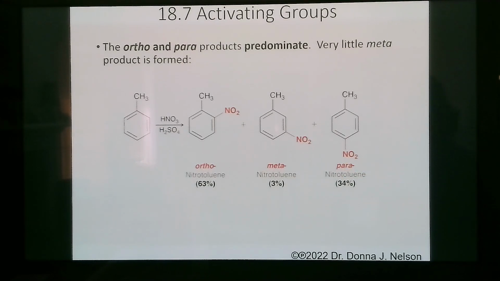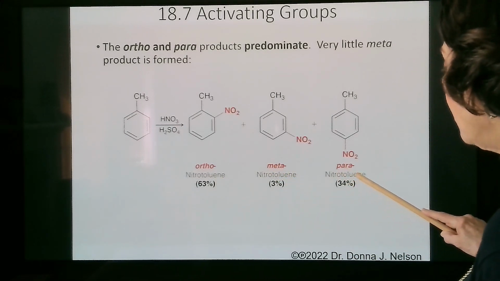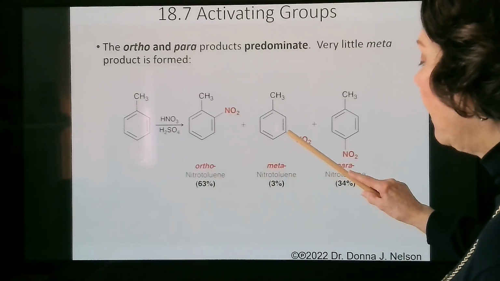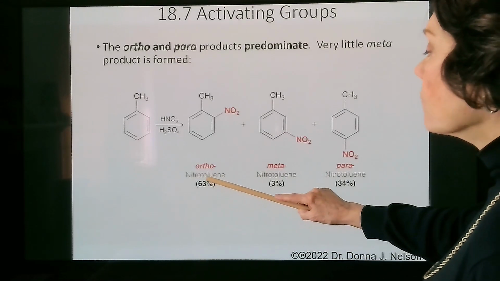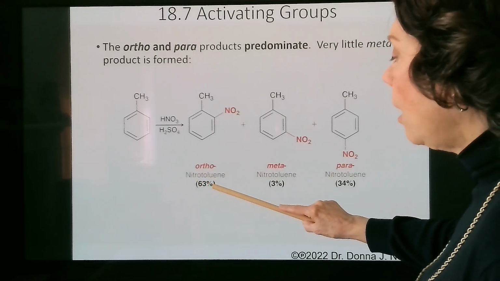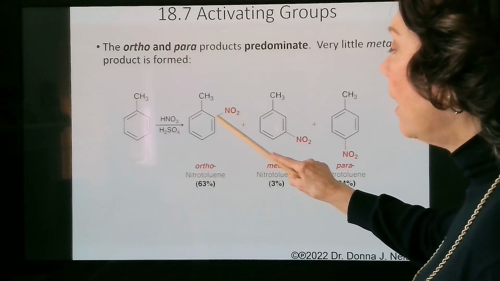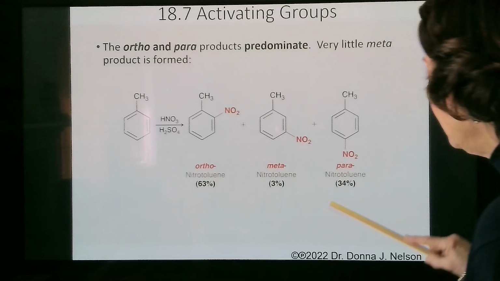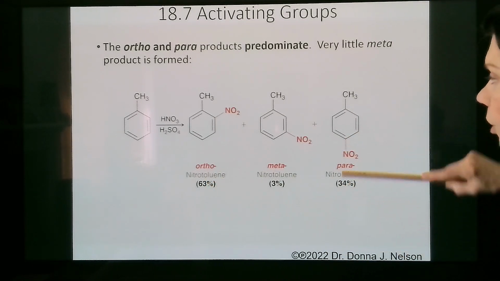So you get some ortho-nitrotoluene, some meta-nitrotoluene, some para-nitrotoluene, but a very small amount of meta. This is really typical. The main product is the ortho-nitrotoluene. So the alkyl group has directed the nitro functionality predominantly to the ortho position, 63%, and 34% to the para position.